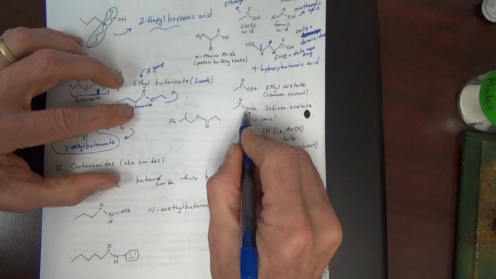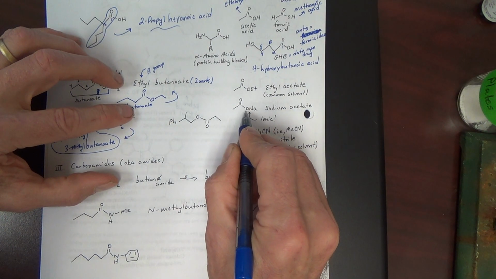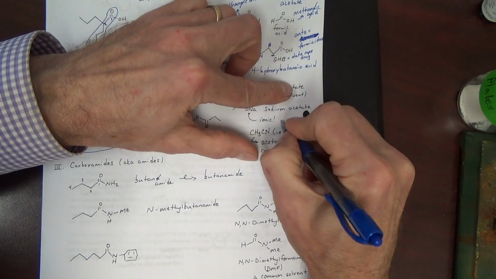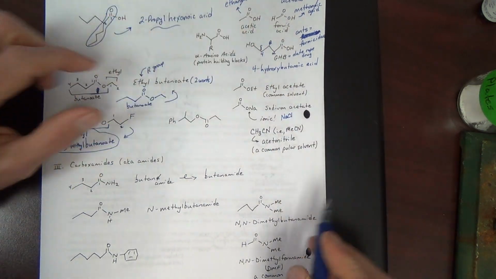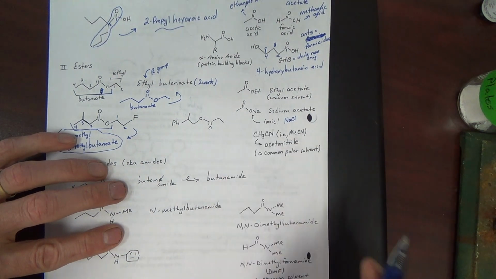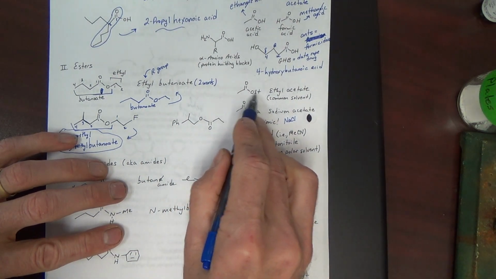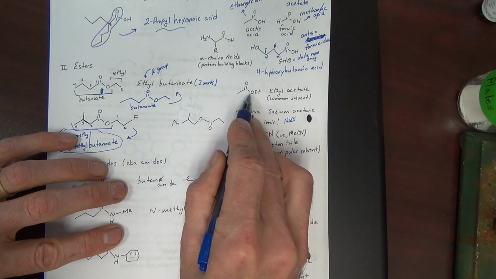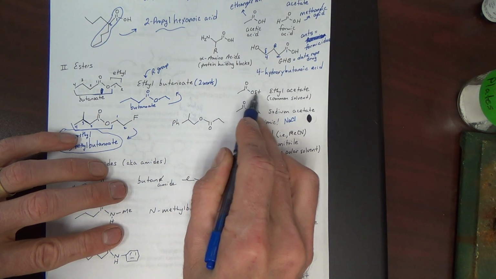I'm showing this because just because I did not show the charges here doesn't mean this is not ionic. Just like if I showed sodium chloride, that's really 2 ions. But up here, this is not ions. This is all covalent. O-carbon covalent bond.